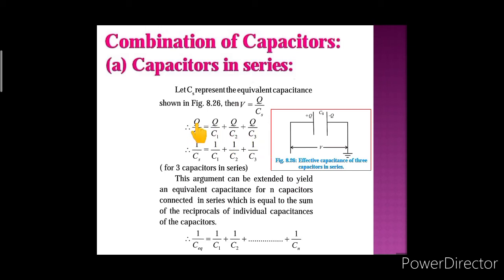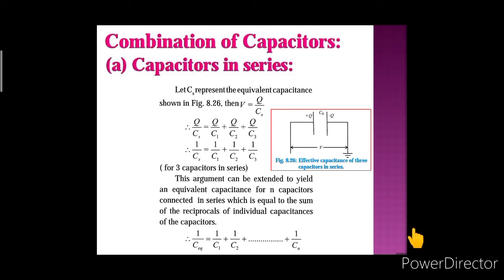As charge Q on the left hand side is there in the numerator, as well as charge Q on the right hand side in each term is present in the numerator, so it will be cancelled, and hence finally we are getting 1 upon Cs is equal to 1 upon C1 plus 1 upon C2 plus 1 upon C3. This equation holds for the three capacitors in series.